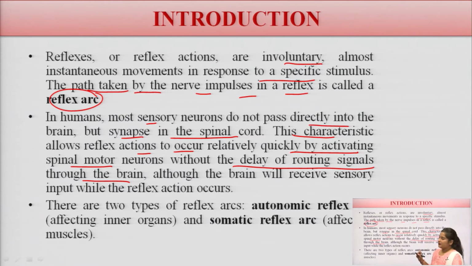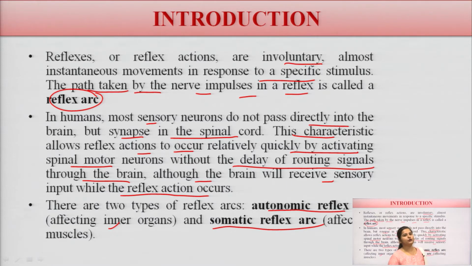Although the brain will receive sensory input while the reflex action occurs, there are two types of reflex arc: the autonomic reflex arc, which affects inner organs, and the somatic reflex arc, which affects the muscles. Autonomic means it acts according to the internal organs of the entire body, and the somatic reflex arc affects the muscles.